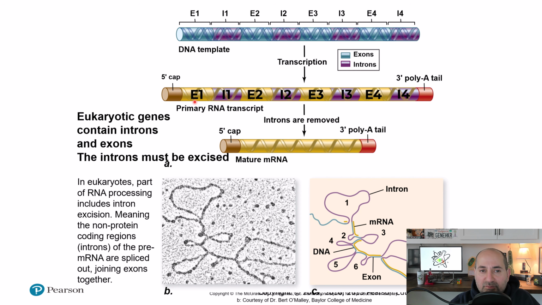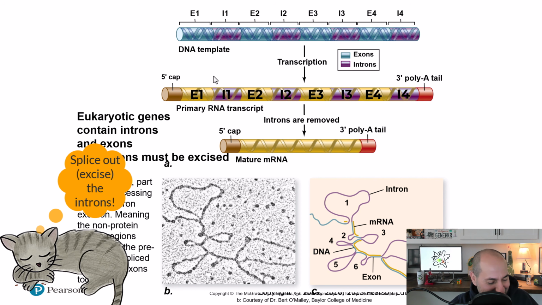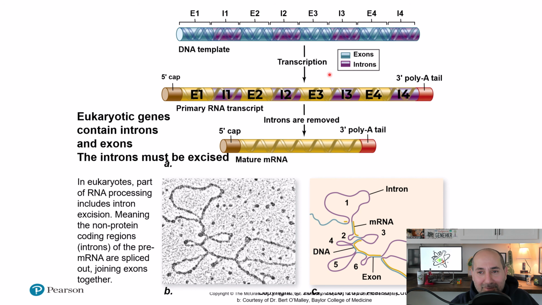Remember that the 5' end gets the methyl-guanine 5' cap. The 3' end gets the polyadenylation, the poly A tail. Then at that point, what do we need to do? Can you beat Wicket? That's right, Wicket. We need to splice out the introns. So these purple parts need to go away. And when we splice out those introns with the spliceosome, the mRNA is now shorter, right?